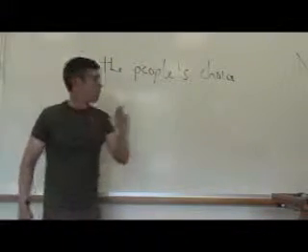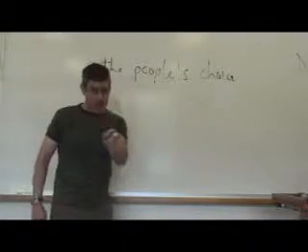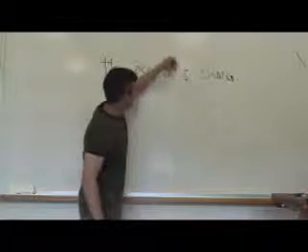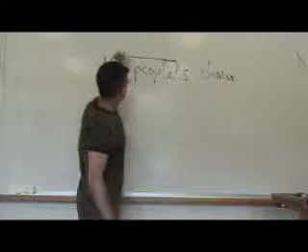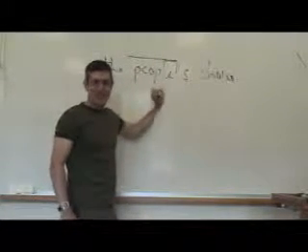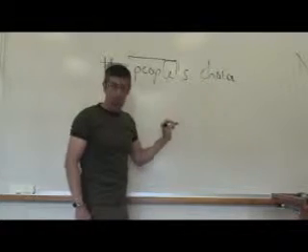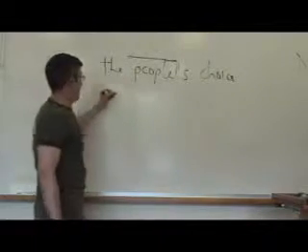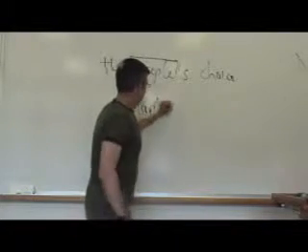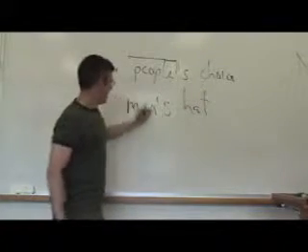The main principle about the apostrophe is that the entity, whatever it is, to the left of the apostrophe, that is the thing that is doing the owning. Okay? So, the people's choice, the man's hat, the hat of the man.